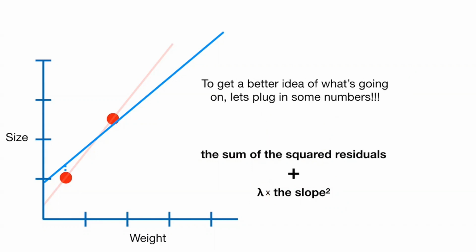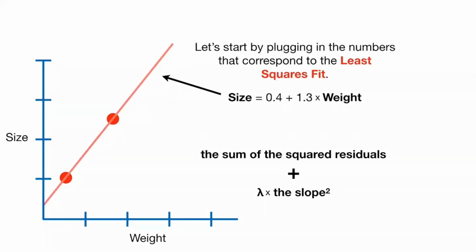Now to get a better idea, we will look into some of the numbers to understand this better. The equation of the original line was 0.4 plus 1.3 into weight, right?